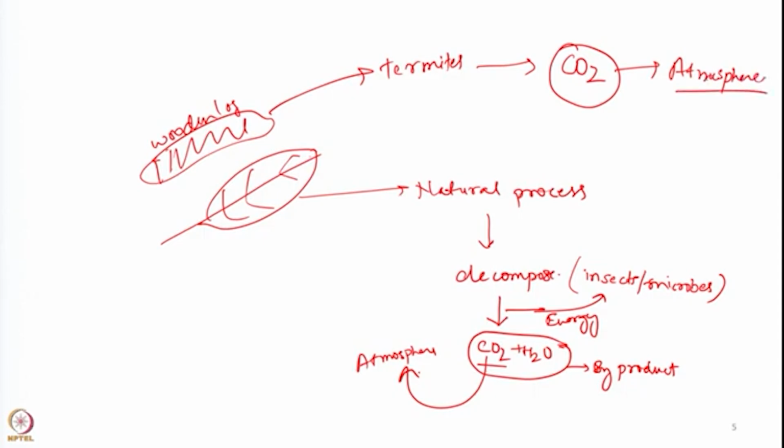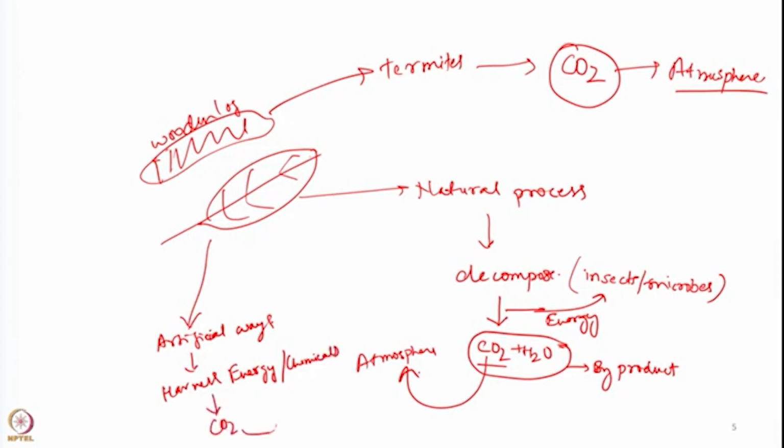So, when we say our energy harnessing process, through artificial ways, we harness energy or chemicals and your CO2 gets released to the atmosphere.